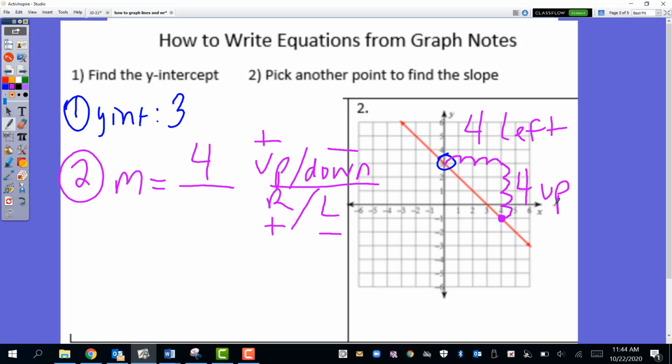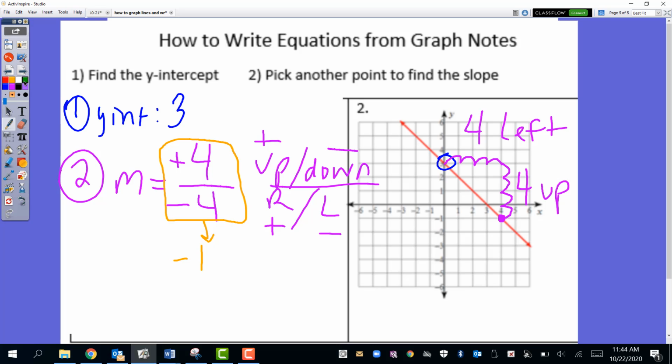And it was up, so that means it's +4. My right, left number, left, I went 4. That goes on the bottom. Left means -4. I type this into the calculator. 4 divided by -4. And when I type it in, I get -1. So it does turn into something else.